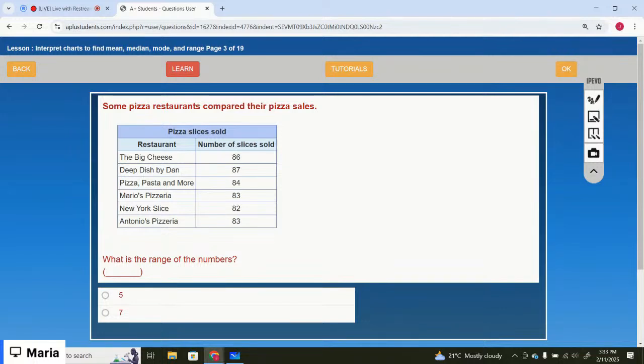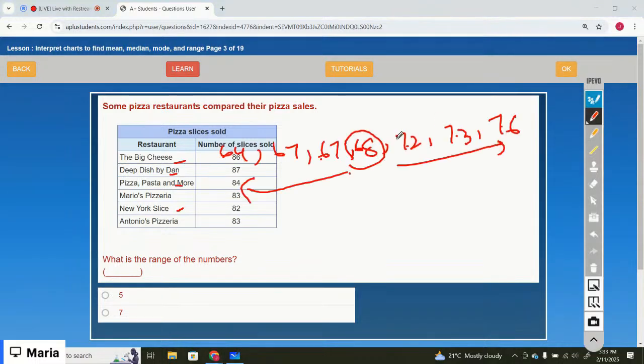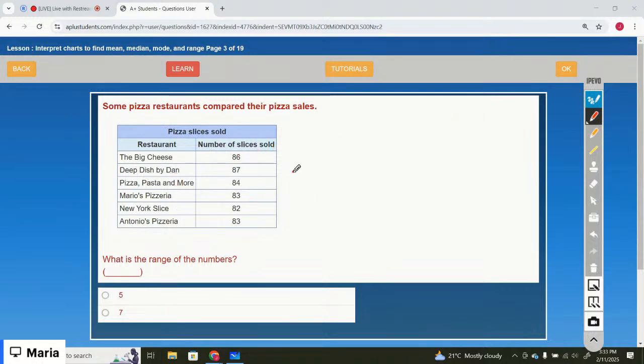Some pizza restaurants compared the pizza sales. What is the range of the numbers? The range is the difference between the smallest and the greatest value in the given data. The greatest value is 87 and the smallest value is 82. So 87 minus 82 is 5.